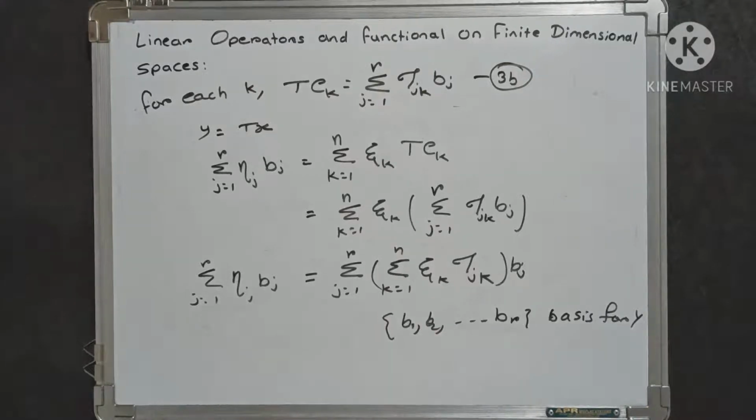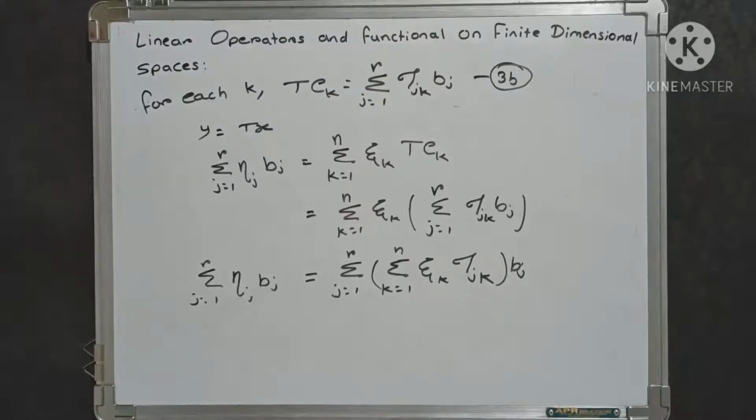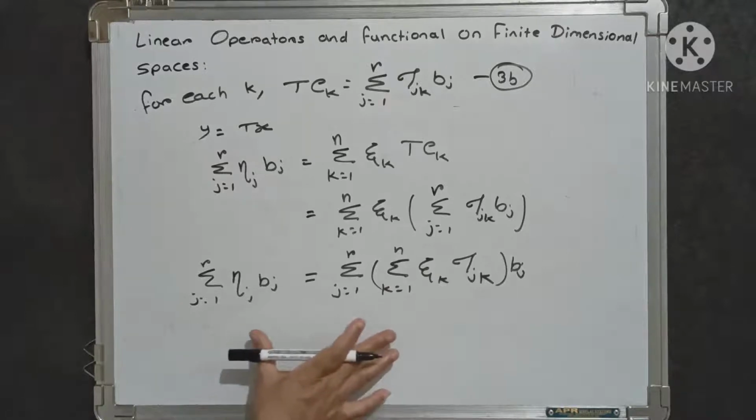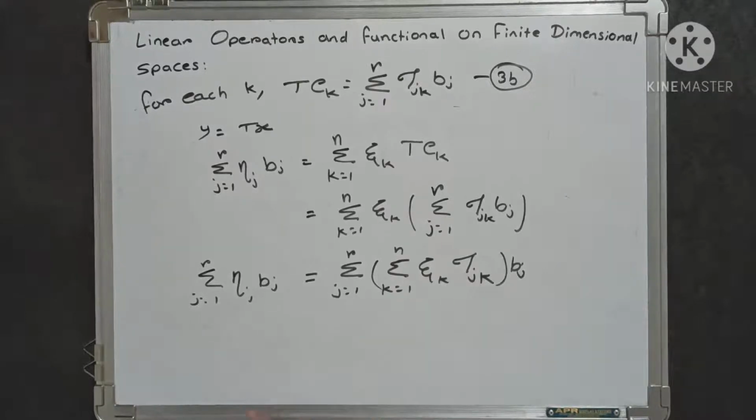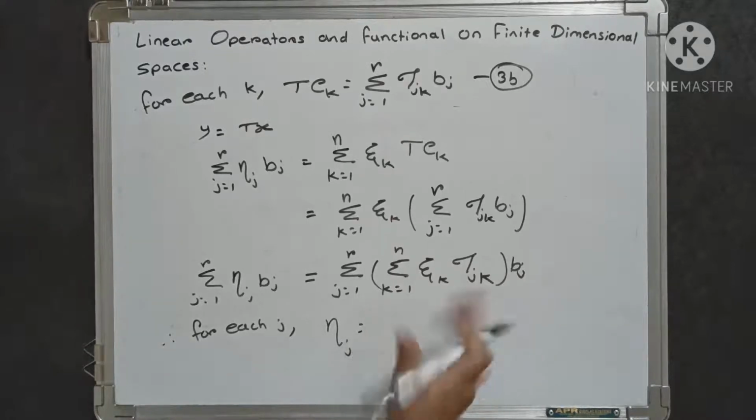That means the set of all the b_j's forms a linearly independent set of vectors, and therefore the coefficients on each side must be equal. Therefore for each j we are getting: here the coefficient of b_j is η_j, and here the coefficient of b_j is this summation.